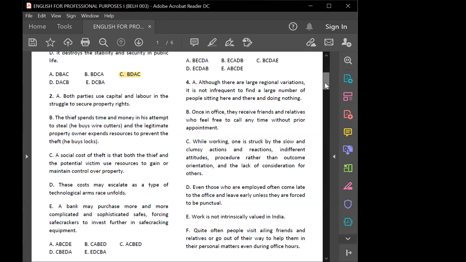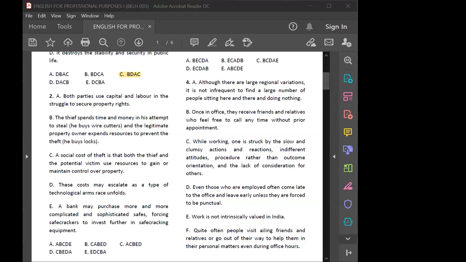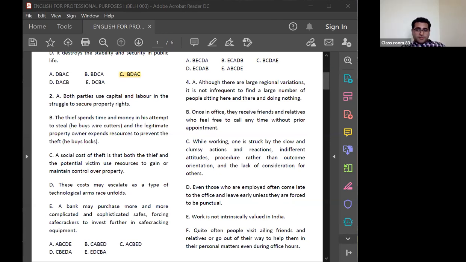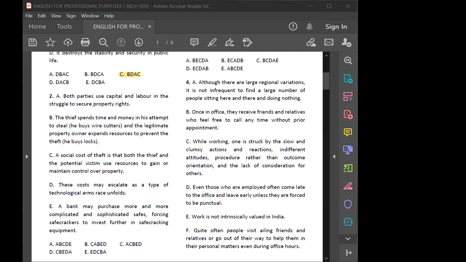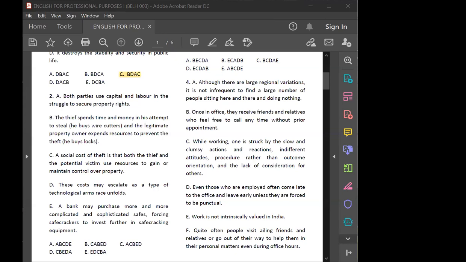Sir, I think C should be the starting of the paragraph, or D. I'm confused. What's your answer? In C, it is said about the thief and the victim.